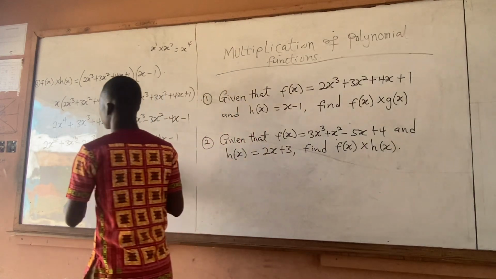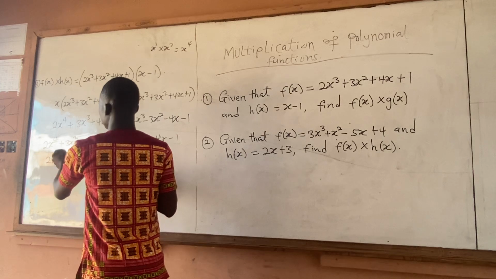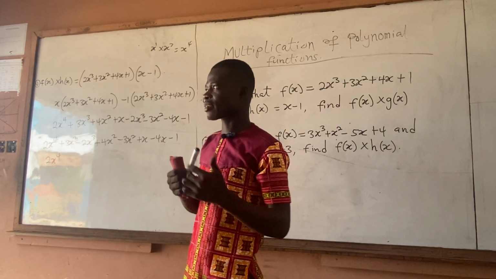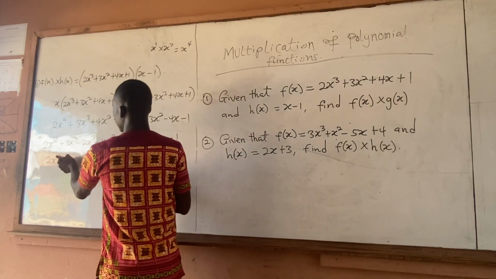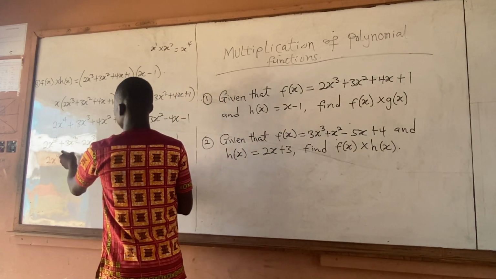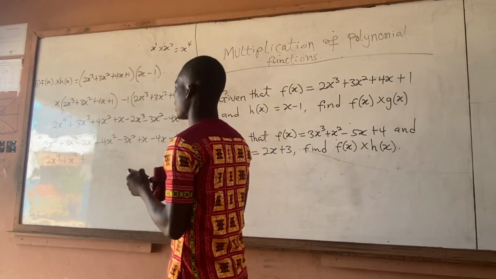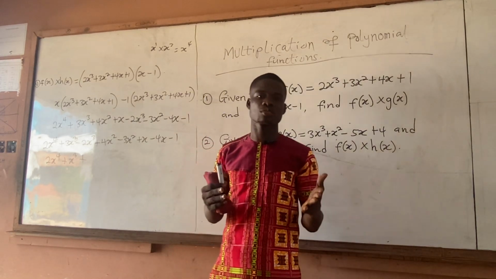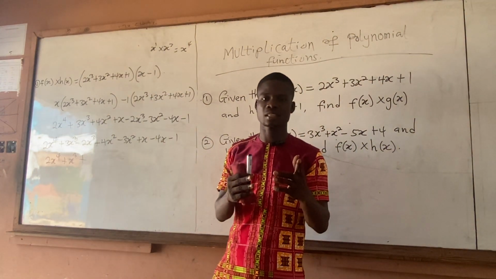So let's try to simplify. We are going to get 2x to the power 4. 3x cubed minus 2x cubed is what? That's 3 minus 2, which is 1. So we have plus x cubed. Plus 4x squared minus 3x squared. That's 4 minus 3, which is 1.